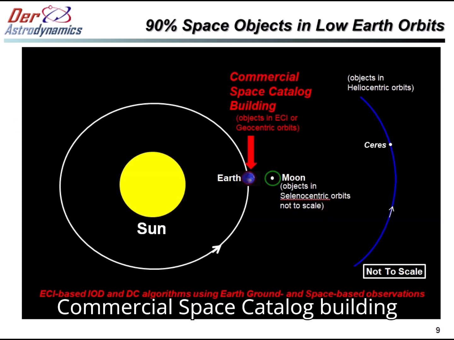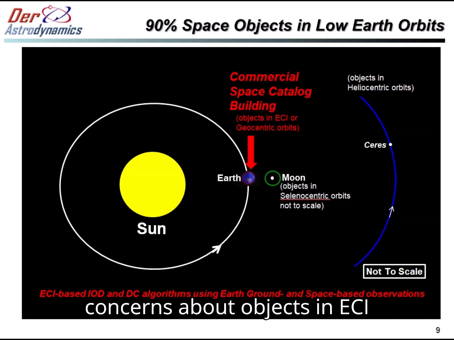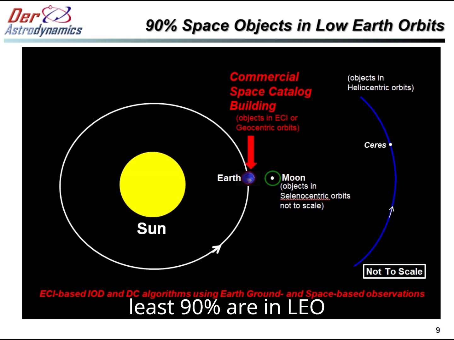Commercial space catalog building concerns objects in ECI or geocentric orbits, and at least 90% are in LEO in 2023.